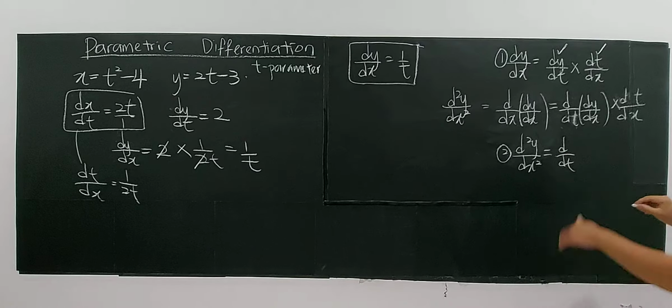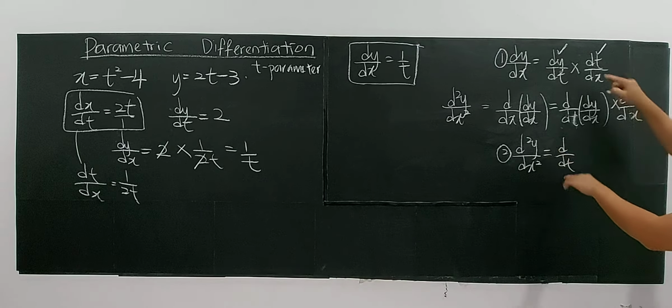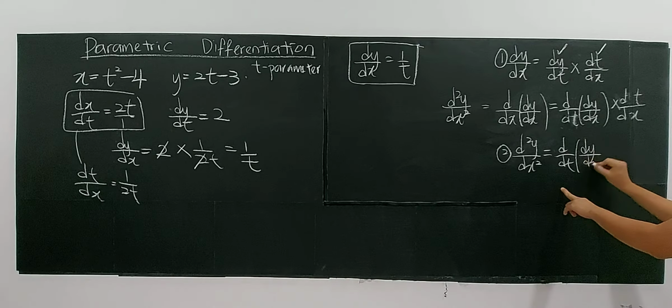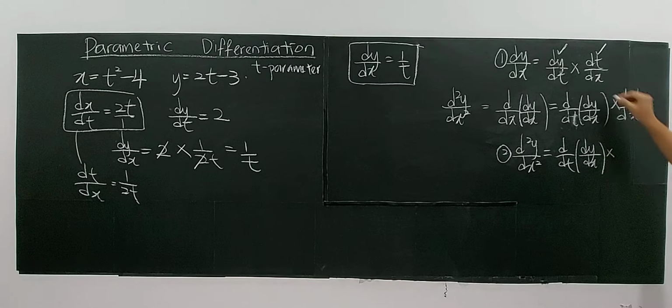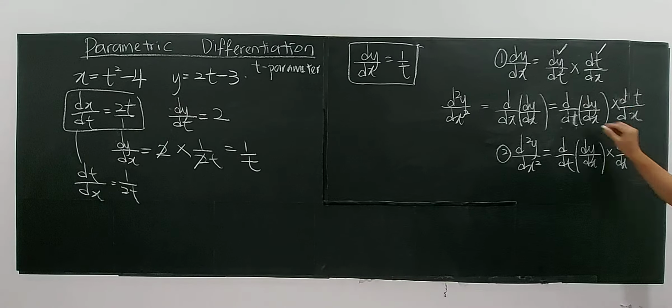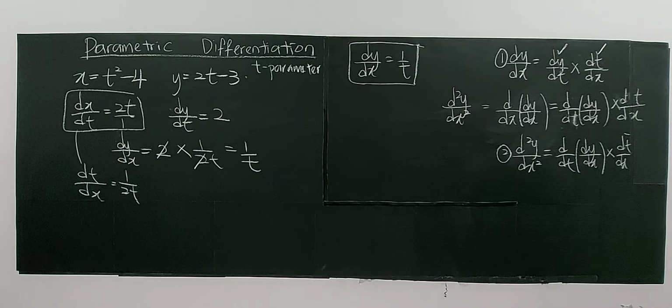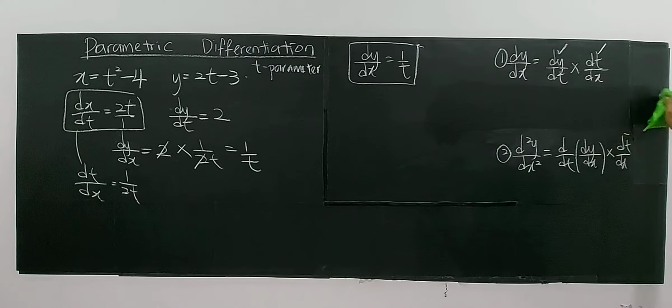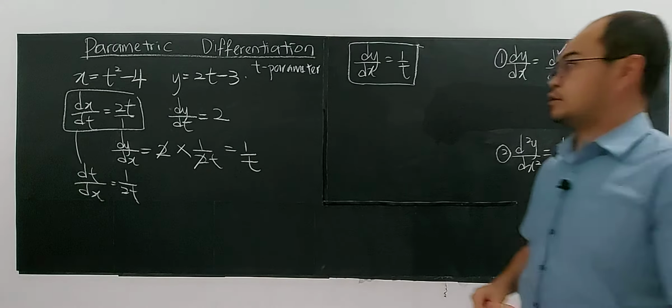It's the same: d/dt, just the y here you replace with dy/dx, multiplied with dt/dx. So you have the first and second formula here. The most important thing is you must know how to apply the formula for finding the second order differentiation.